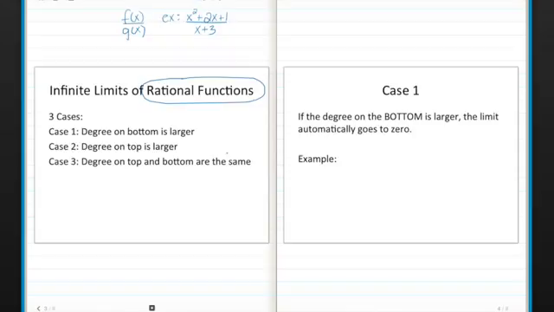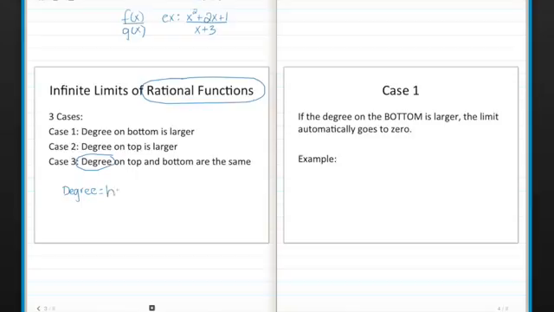So these are the types of functions we'll be looking at, and there are 3 cases here. In case number 1, the degree on the bottom is larger. In case number 2, the degree on top is larger. And in case number 3, the degree of the polynomial on top and bottom is exactly the same. Now there's one word that all of these cases have in common, and that is the degree.